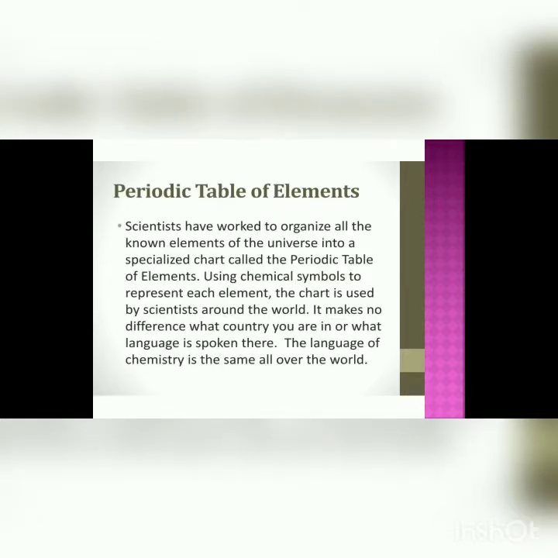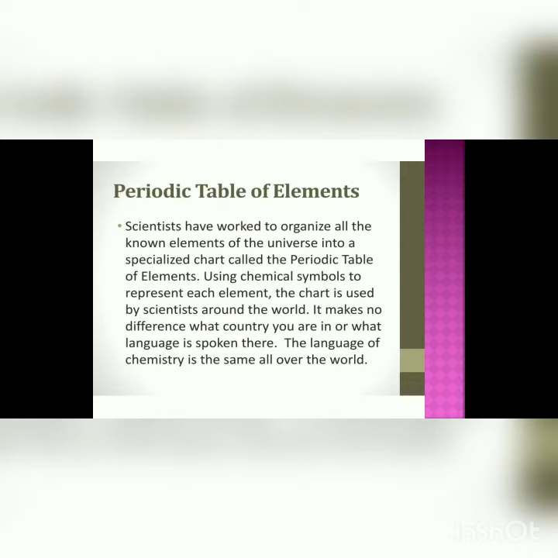Now, what is the periodic table and how are elements arranged in the periodic table? Scientists have worked to organize all the known elements of the universe into a specialized chart called the periodic table of the elements.